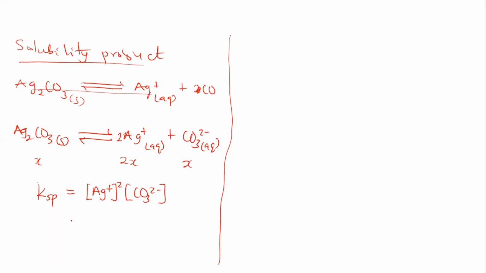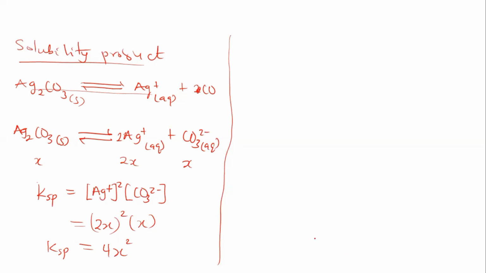So therefore, you're going to have 2x squared times x. Okay, so that's going to be 4x cubed. So it now depends on the solubility of the salt, or the amount of this salt that dissolved in the solution.